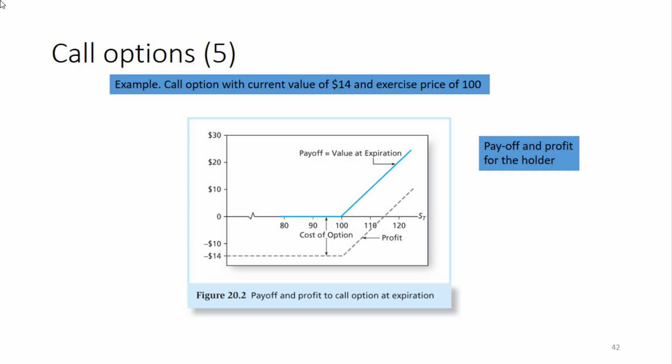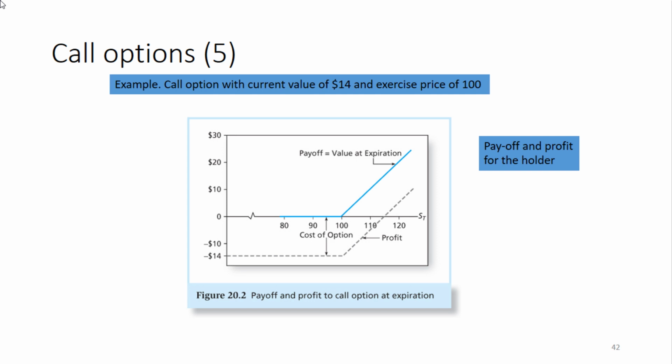The payoff line, the light blue line, says that whenever the share price at maturity is lower than the exercise price of 100, for example 80 or 90, the blue line is on 0. So there will be no cash flow payment, because it's not attractive to exercise.